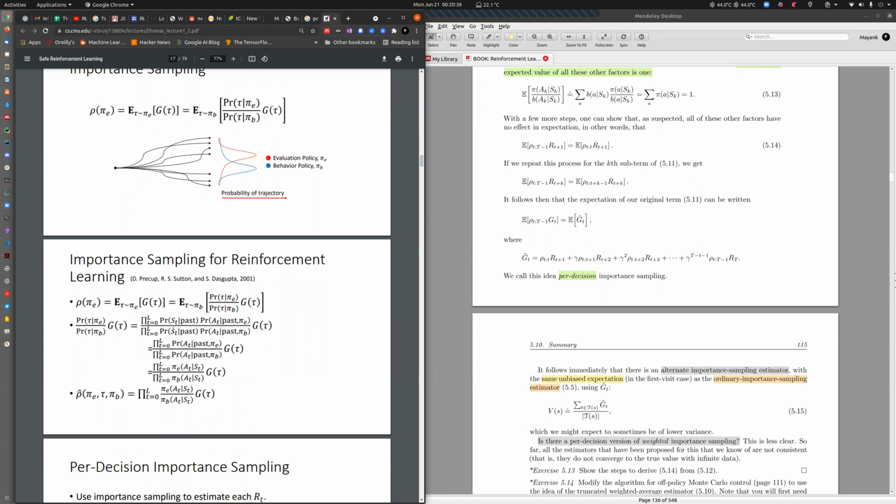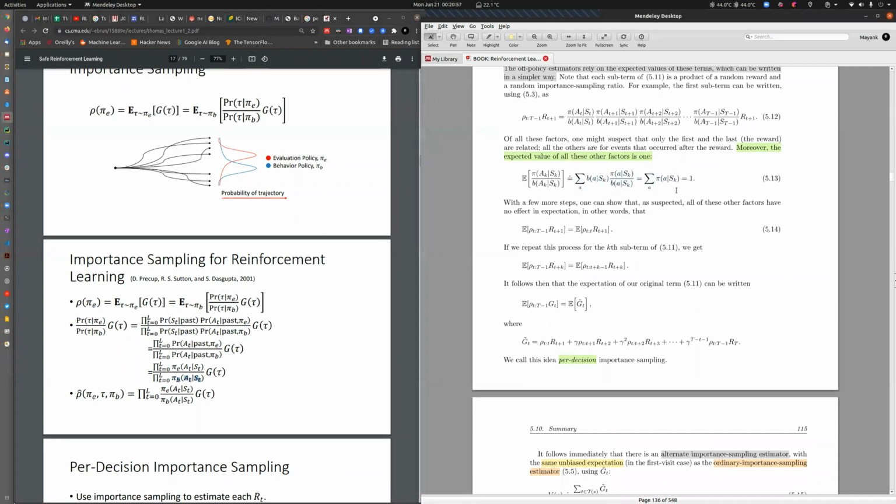So this will be the basis of the past. This is a simple equation that gives the ratio of the target upon the behavior, the same that we have considered here.